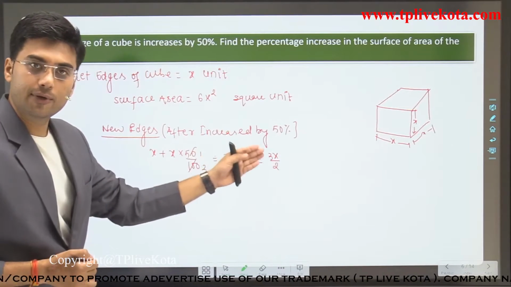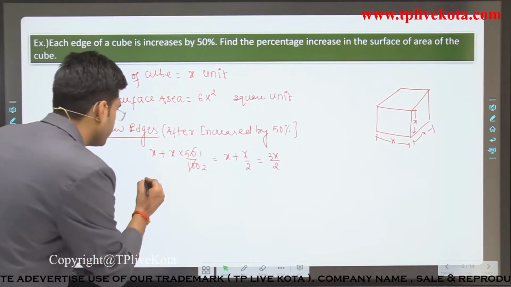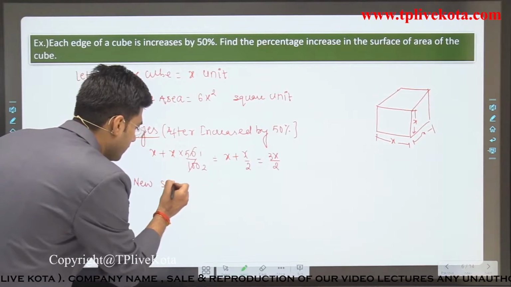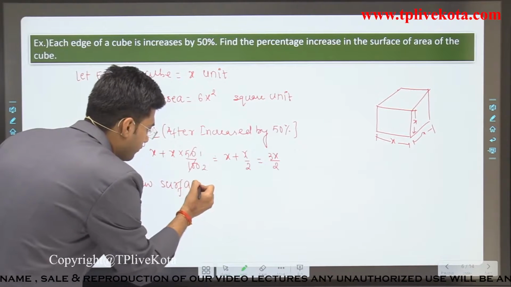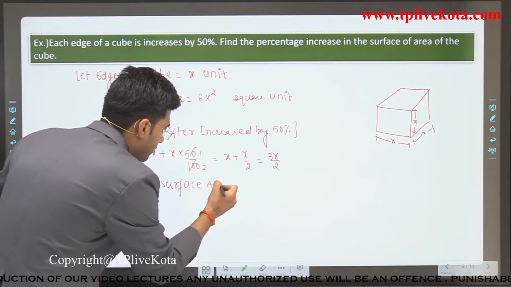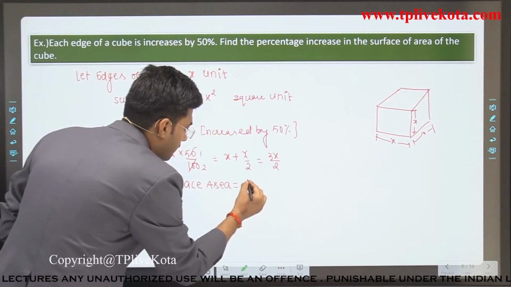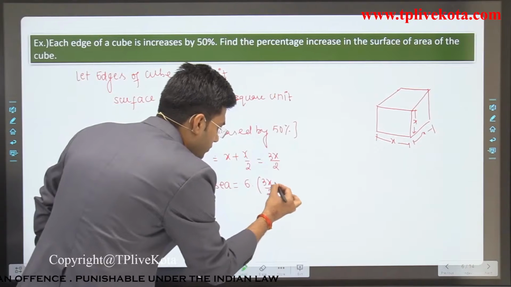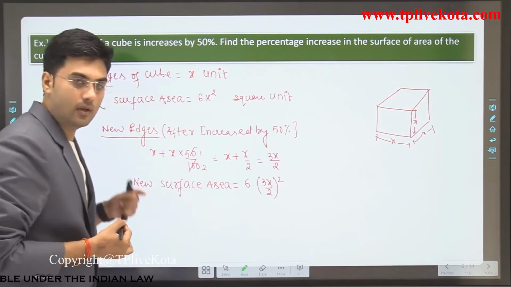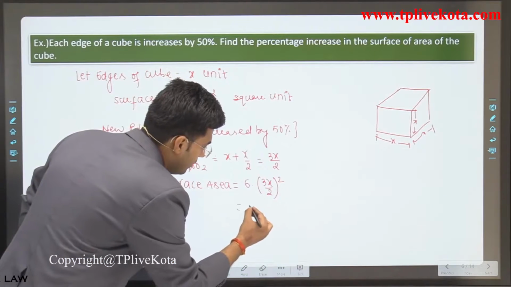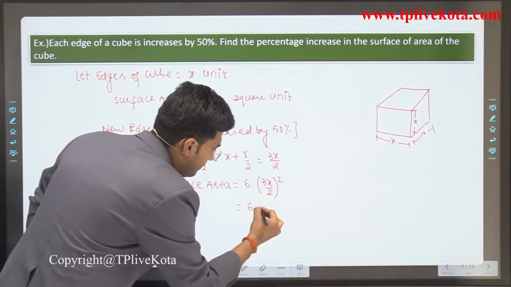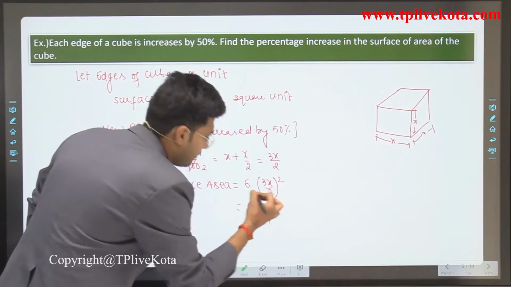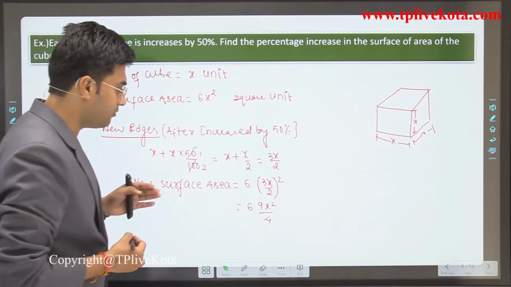This is the new edge. Now new surface area, new surface area is what? 6 times of edge square, and it is equal to 6 multiplied by 9x square by 4.